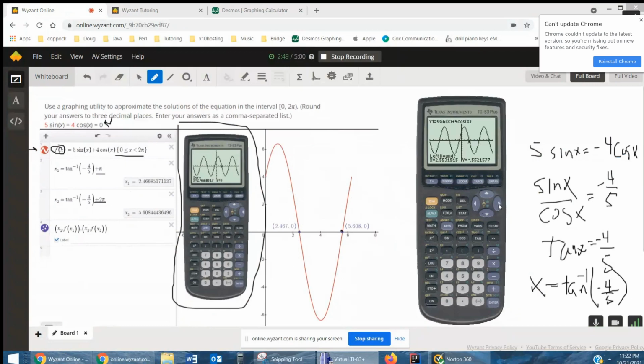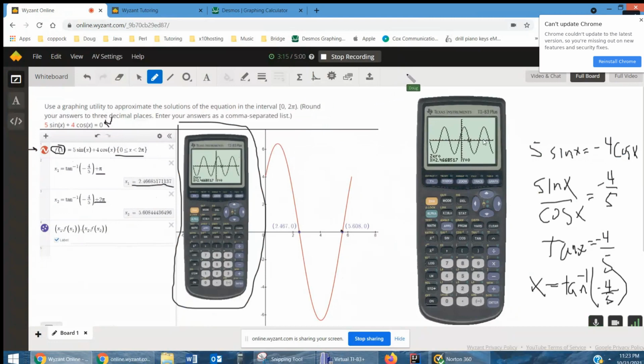You need a left bound for what you think might be a root, enter, then a right bound, enter, and then a guess. And you can see it gives you 2.4668517, which is exactly what we had over here.